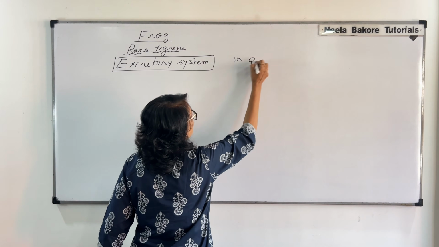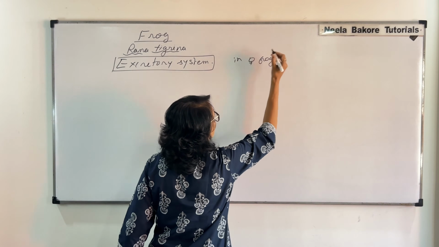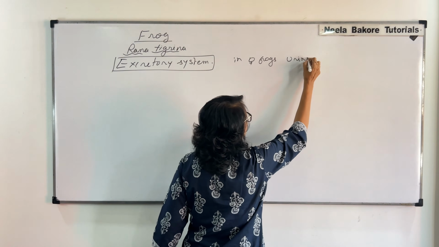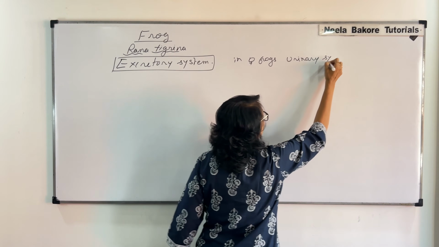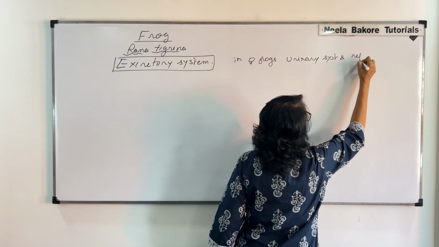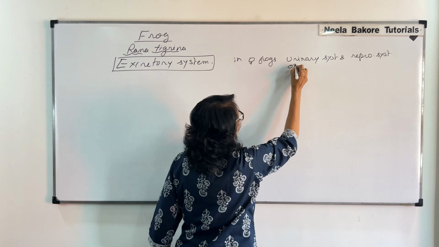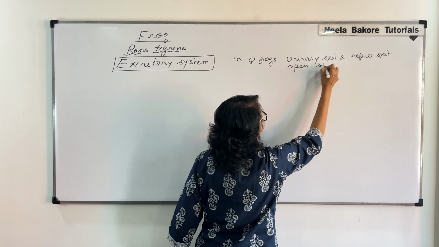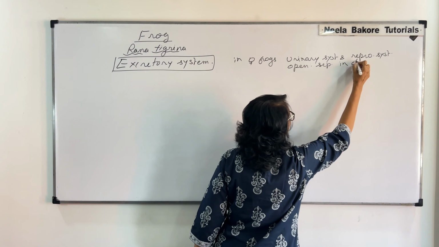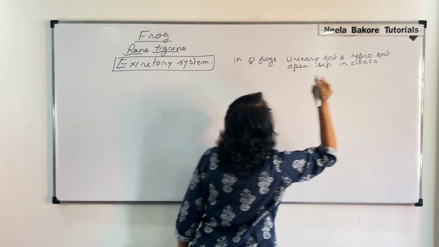In female frogs, urinary system and reproductive system open separately in cloaca.